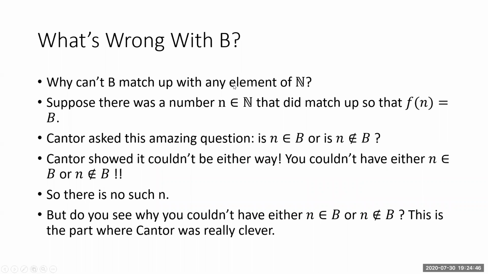Why can't B match up with any element of the natural numbers? Suppose there was a number, little n, belonging to the natural numbers that did match up. So f of n equals B.